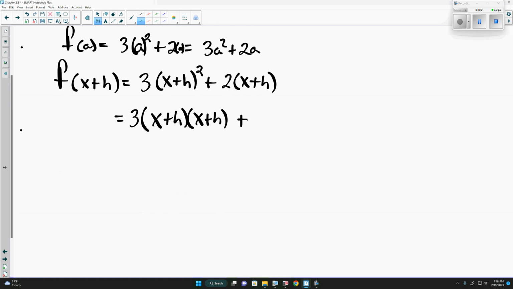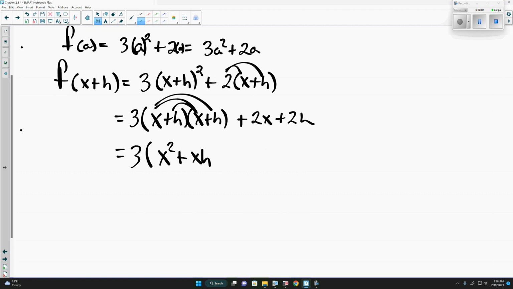And we've done enough factoring. When I multiply two things together, we get a middle term of their crossing. So we're going to have to multiply that out. Here, just multiply by 2: 2x plus 2h. If we multiply this through, we get x squared plus xh plus xh plus h squared.